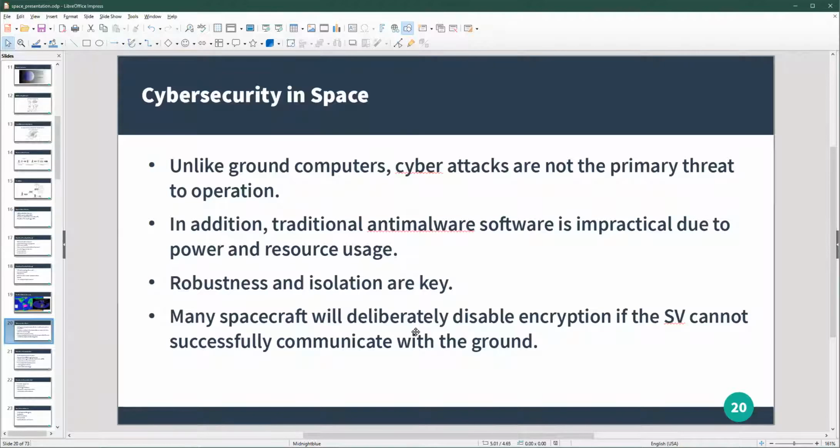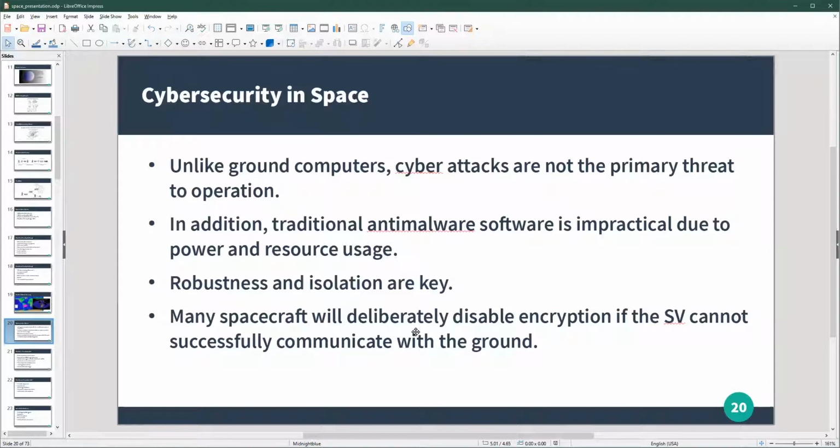Many spacecraft, this gives me nightmares. But this is known publicly, so I can tell you this. Many spacecraft will deliberately disable encryption if the space vehicle cannot communicate with anything on the ground. Okay, so let that sink in for a minute.